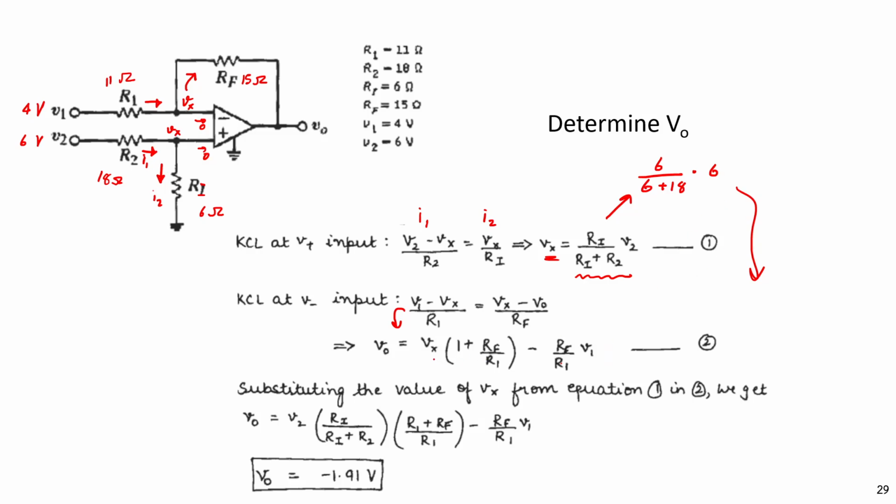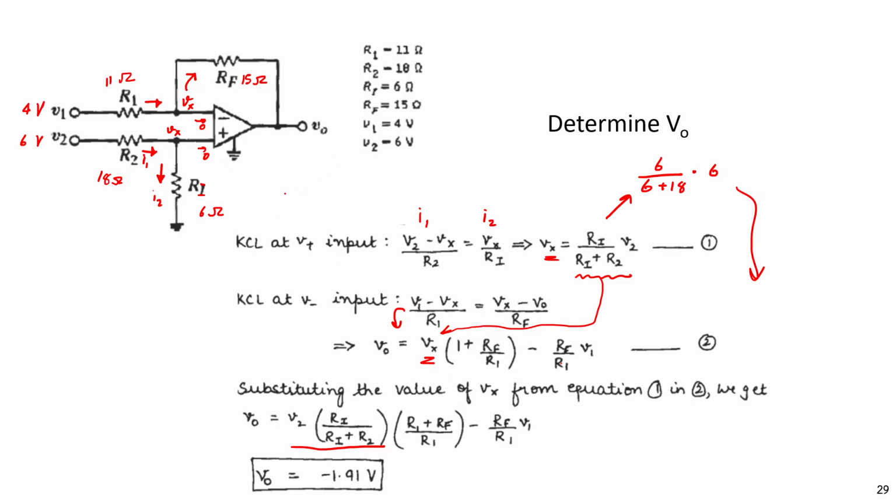So we can substitute Vx here, then we get this value. This is the Vx term, so we can solve for Vout. Or we can solve Vx into some value and substitute the value here. We get Vout of this circuit.